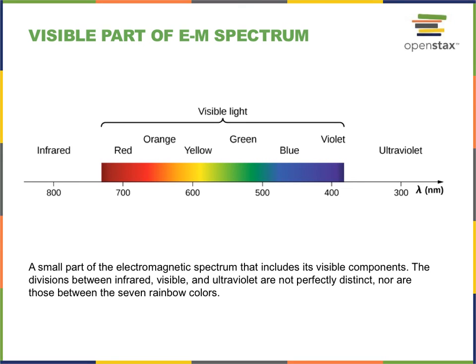But in general, we like to say that visible light goes from about 400 nanometers to 700 nanometers, violet being the shorter wavelengths and higher frequencies, and red light being the longer wavelengths and lower frequencies.